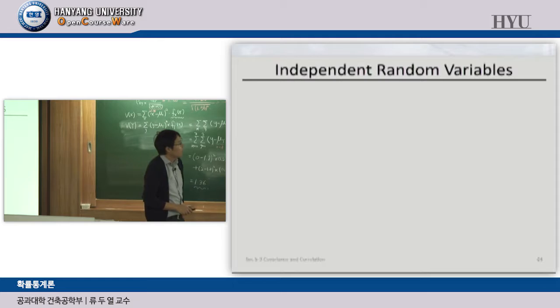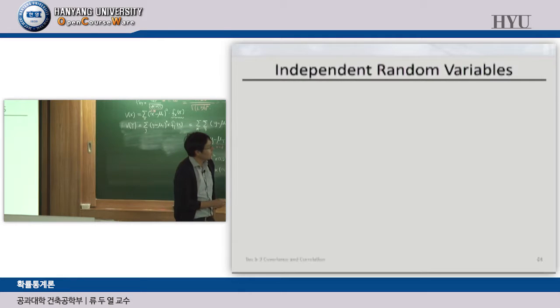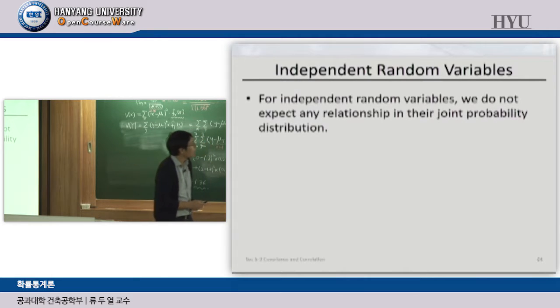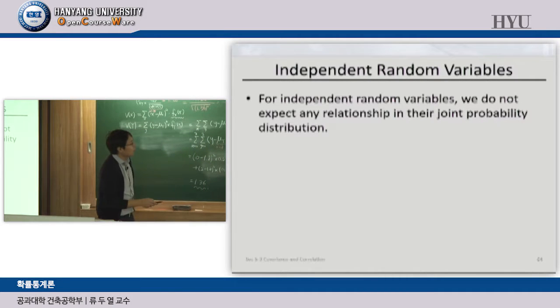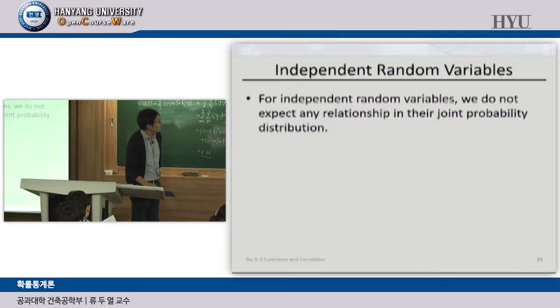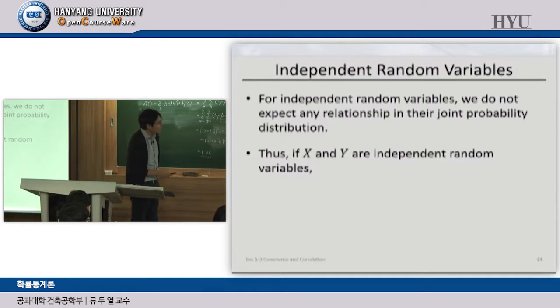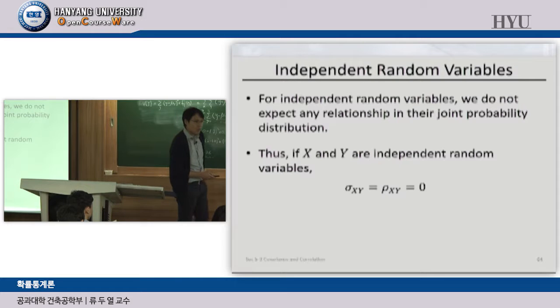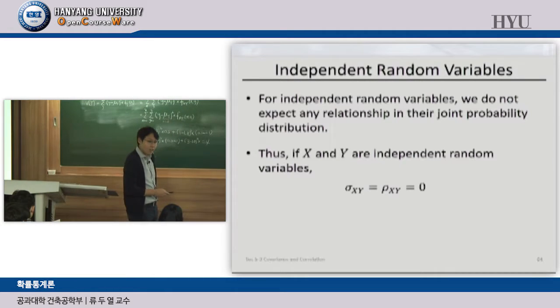And now we are going to talk about the different independent random variables. Okay? For independent random variables, we do not expect any relationship in their joint probability distribution, right? So in that case, if the two different random variables, x and y, are independent, the rho xy should be equal to 0, right?